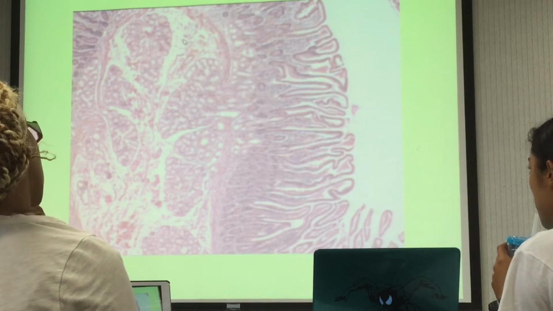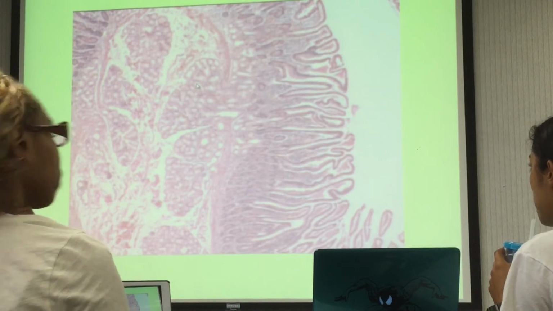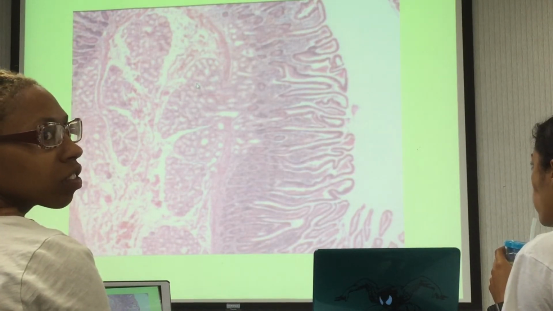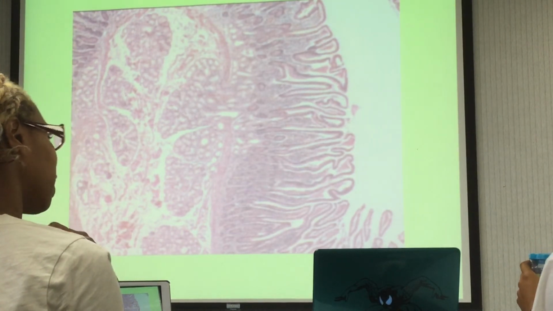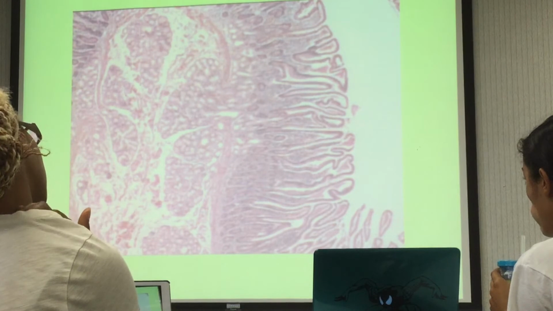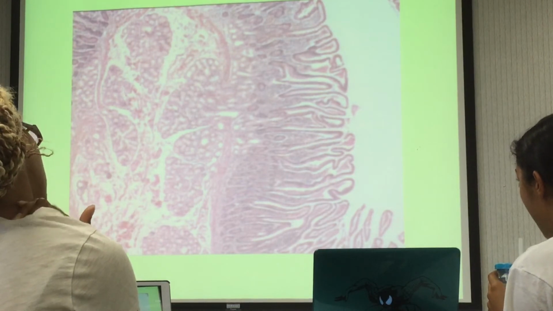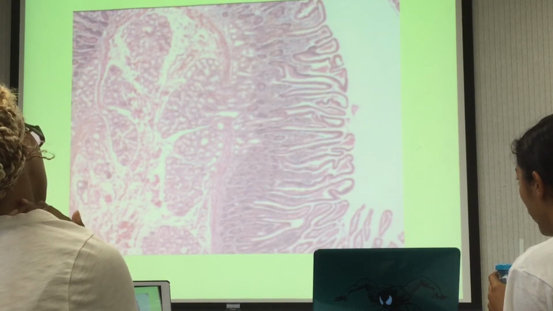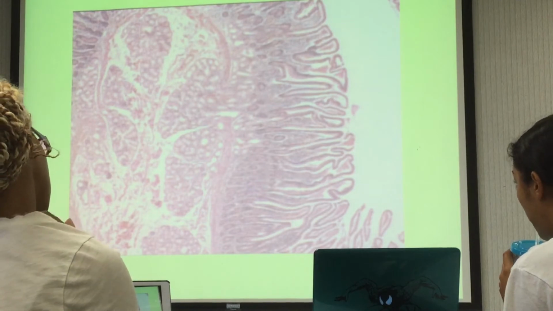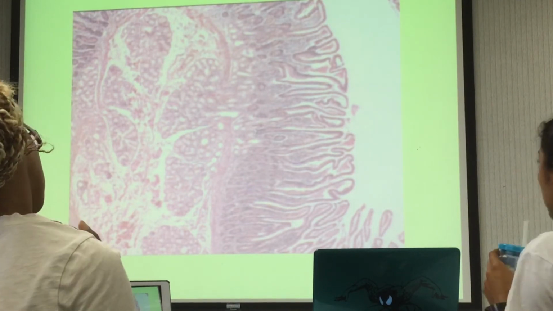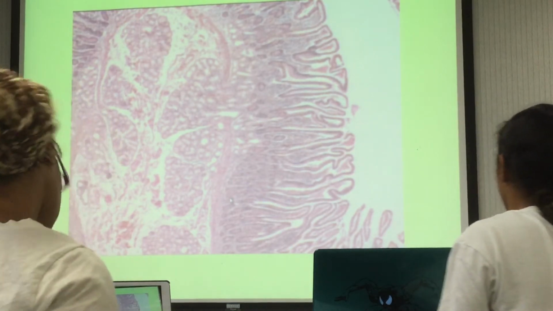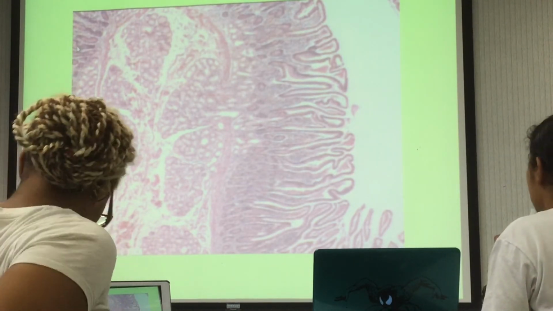What is this layer? Oh God, I'm getting tired. What are those? Submucosa. Where are they located? Are they in the lamina propria or submucosa? Submucosa. Good. Lamina propria would be somewhere right in between. Any place that you see like here, around here, that would be lamina propria. And these are the muscles.